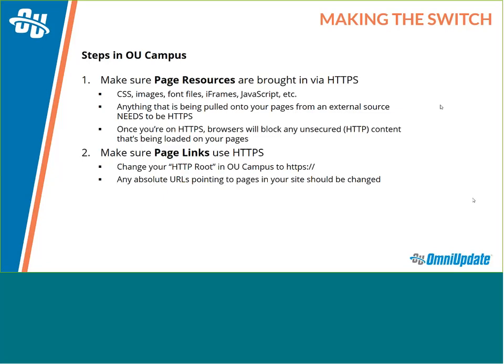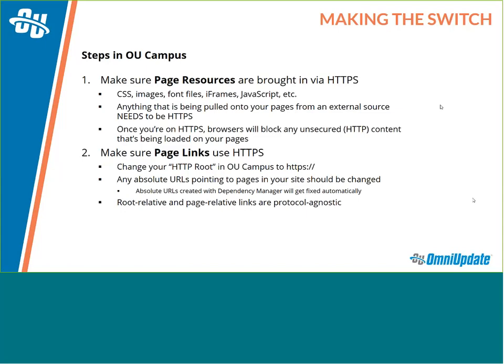The other thing you want to make sure is that any absolute URLs, anything that you've hard-coded either inside of your XSL or links that are living just hard-coded on your pages or things like that, that stuff also needs to be changed to point to HTTPS as well. Like I said, any of the absolute URLs that are created using Dependency Manager, that stuff's going to be fixed automatically as soon as you change your HTTP route in site settings.